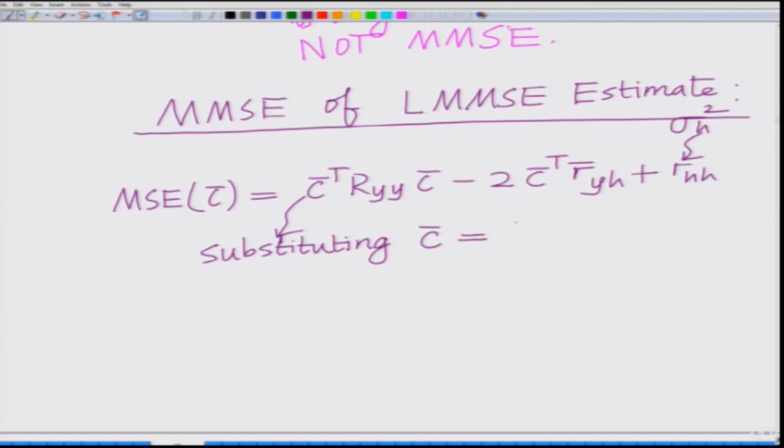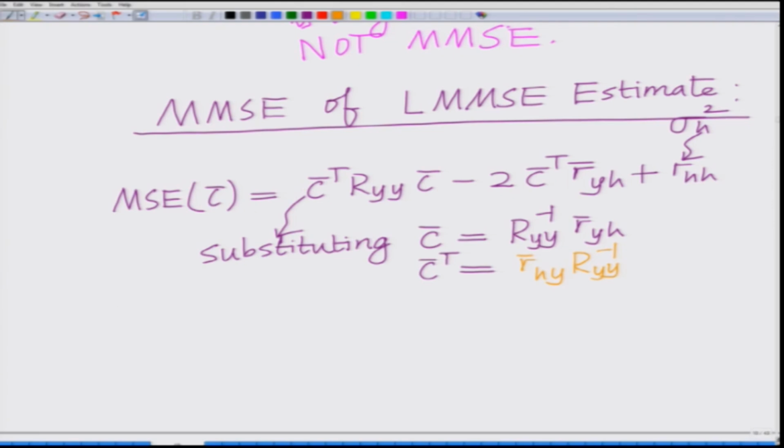Remember C bar equals RYY inverse R bar YH, and in fact, C bar transpose is equal to R bar HY into RYY inverse.